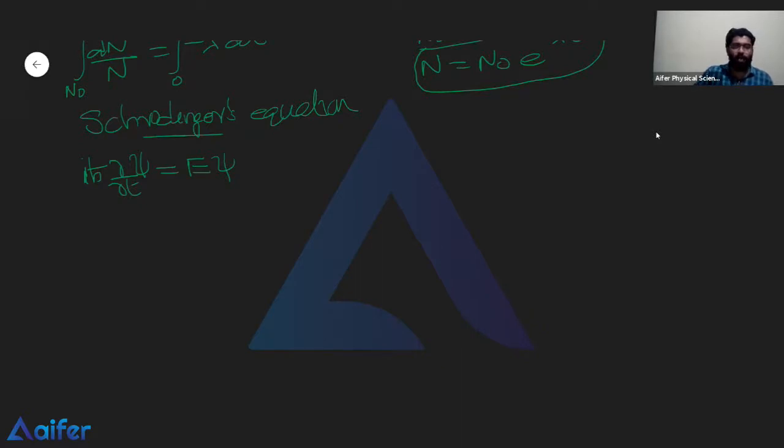Now we are going to take i h cross dou psi by psi equal to E dou t. Since it depends only on t, we can replace it with the perfect differential. So i h cross d psi by psi equals E integral dt. Upon integration, you get ln psi equals Et, and I bring the i h cross term here, so this is minus i E t by h cross.